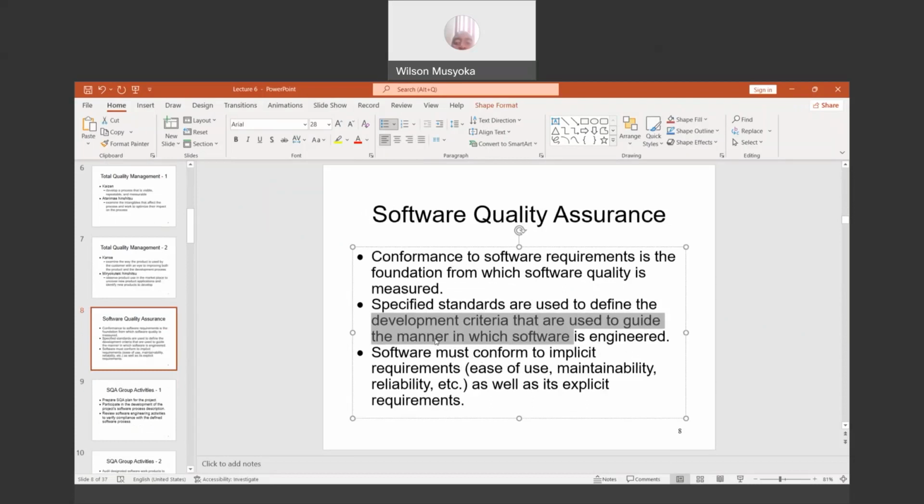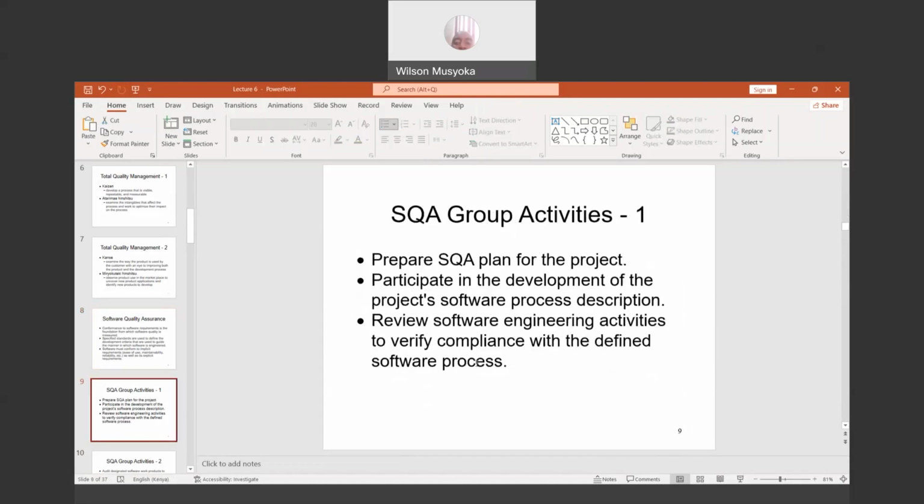So, software is going to conform to these requirements such as ease of use, maintainability, reliability, as well as the explicit requirements. When we look at those, look at them in terms of what are the functional requirements and what are the non-functional requirements. We are saying that in quality assurance, you have to ensure that all of those requirements have been met. So, in the software quality assurance group, what are the activities involved?